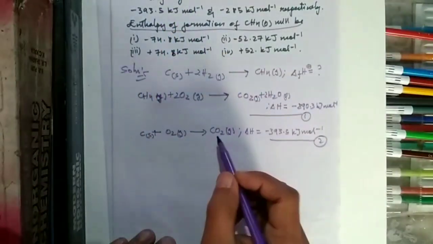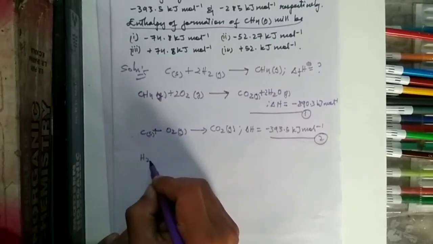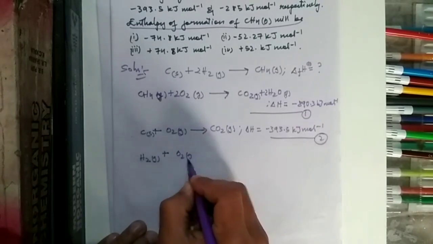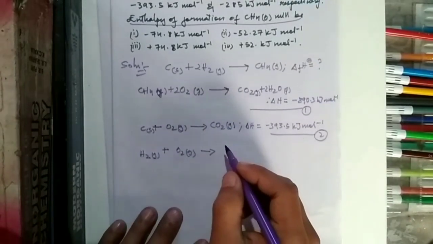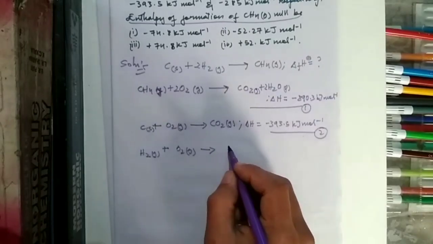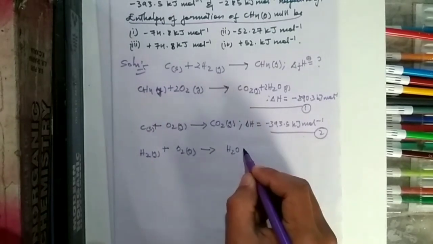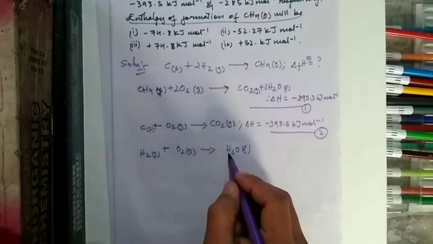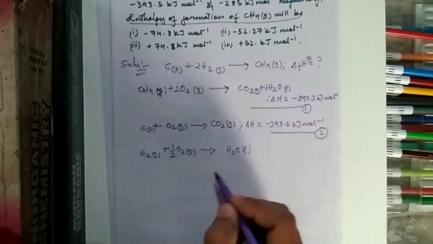Next one is the combustion of dihydrogen. Dihydrogen is H2, so this will be gas. Now with oxygen gas, it will simply give us water molecule, H2O, liquid. We just have to make this 1 mole, so let's make the oxygen one half.